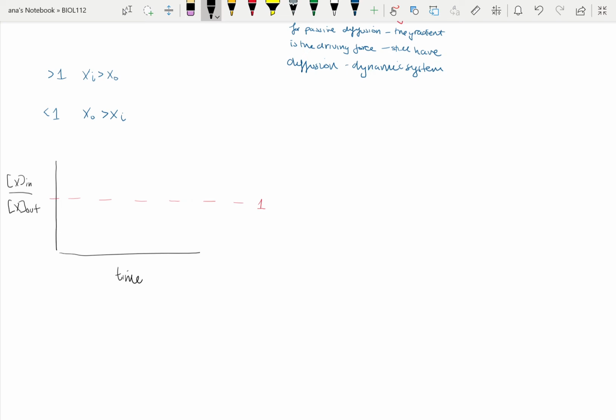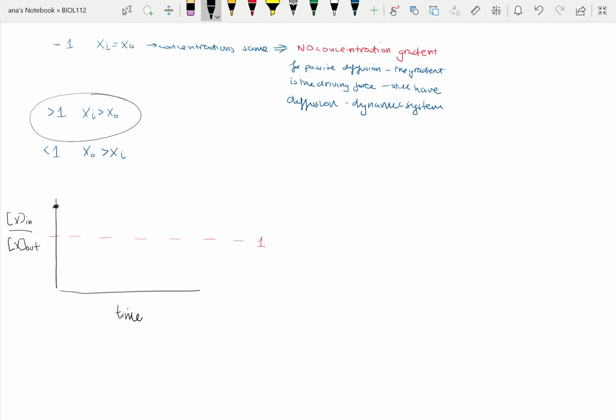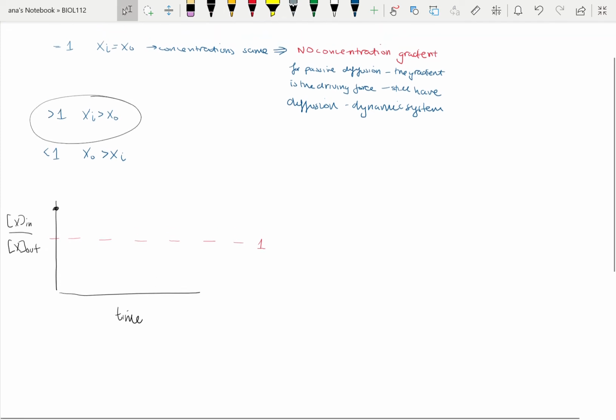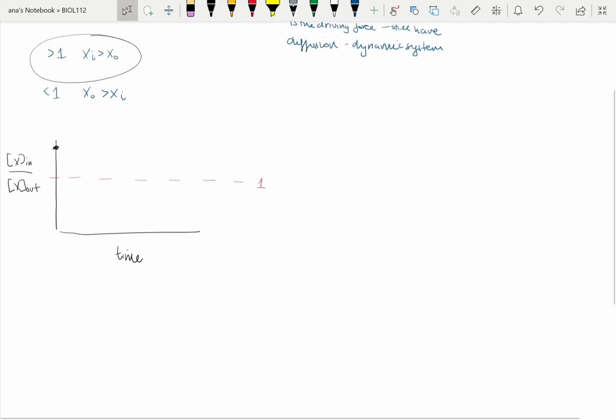So I'm going to start with a scenario where the concentration inside is greater than the one outside. So I'm going to start somewhere up here, some random value, but what's important is that it's greater than 1. And when we said greater than 1, we were talking about how that meant that the concentration in was greater than the concentration out. And I'm going to draw my graph like that.